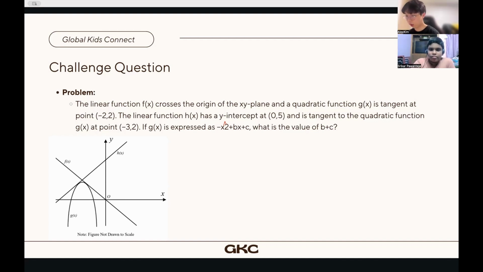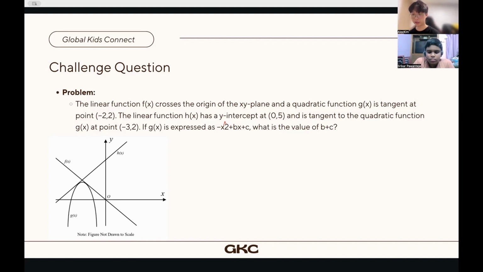And so we're given three graphs, two linear ones and a single quadratic. From here, we have to make use of the information given to us by the problem. You can see that f(x), this line here, crosses the origin and also is tangent to the quadratic function.